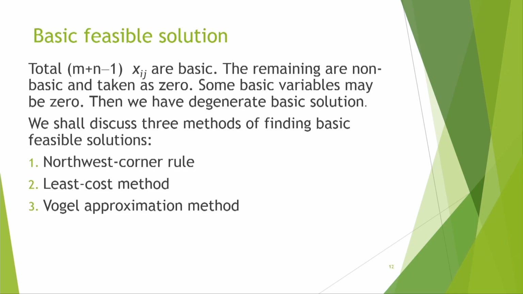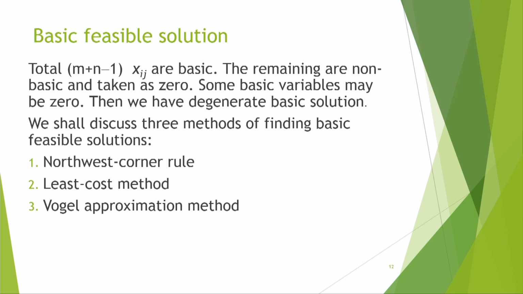The remaining are non-basic and are taken as 0. Some basic variables may be 0; it is not that they cannot. Then we have a degenerate basic solution. Even then you have to designate them as basic variables and say that their value is 0.